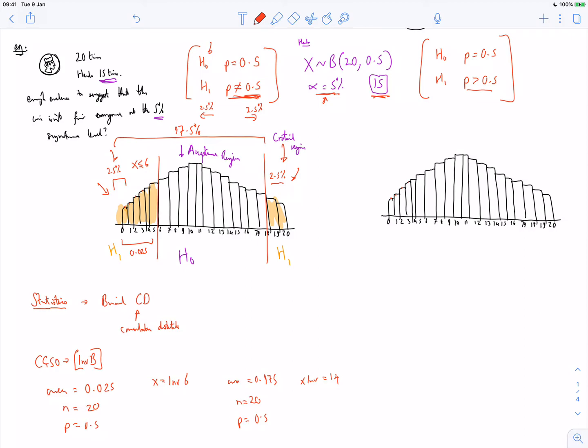Then if I put 14, okay, so this 14 is where I need to draw the line. So actually, up to and including 14 is the 97.5%. So that means the critical region is X greater than or equal to 15.